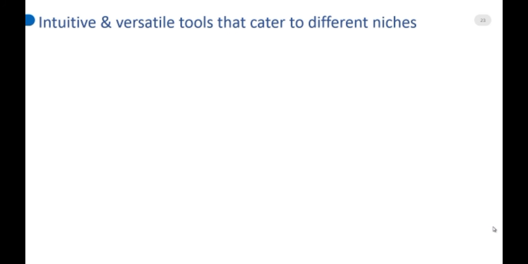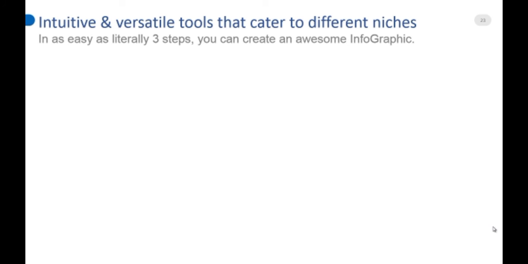So what I'm going to do is I'm going to break down different tools, tell you how they work differently so that you can understand that they're definitely intuitive, but they are versatile and they cater to different niches as well. So in as easy as literally 3 steps, you can create an awesome infographic.